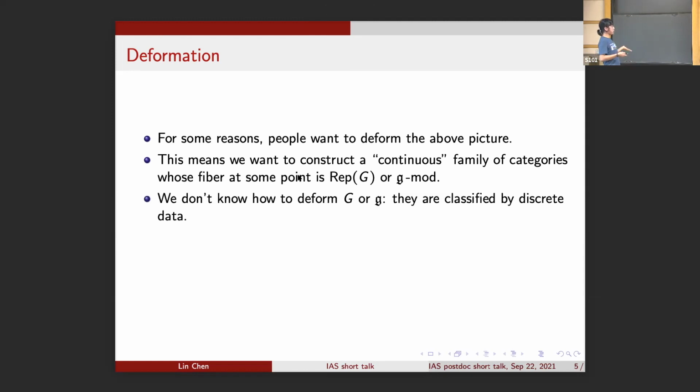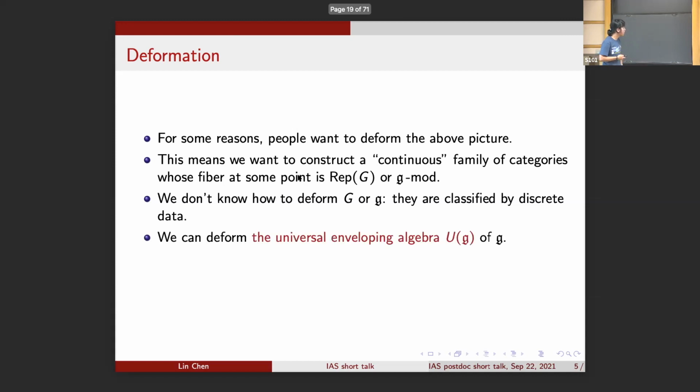If you want to deform this category, the easiest guess is to deform the group G or the Lie algebra little g, but actually you cannot do this. These things are classified by discrete data known as root data or root systems, and since they are discrete, there are only trivial deformations.